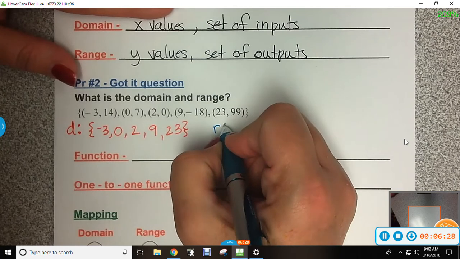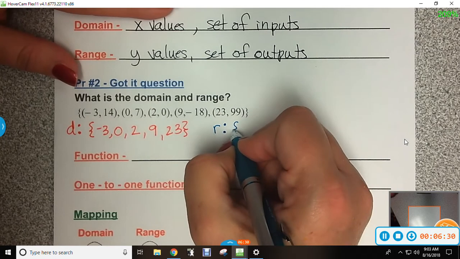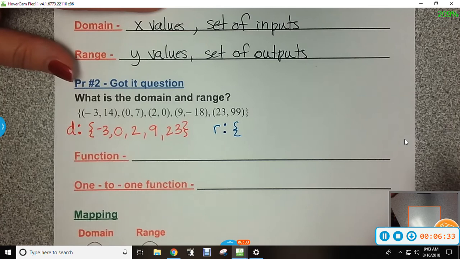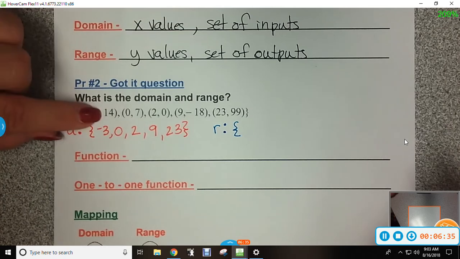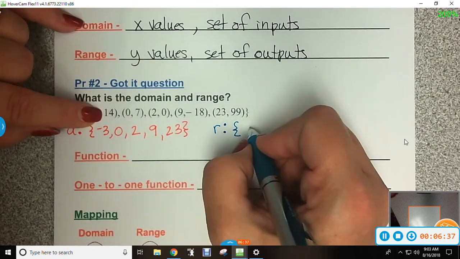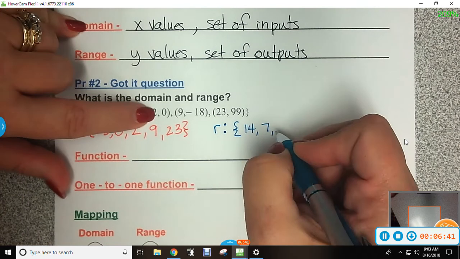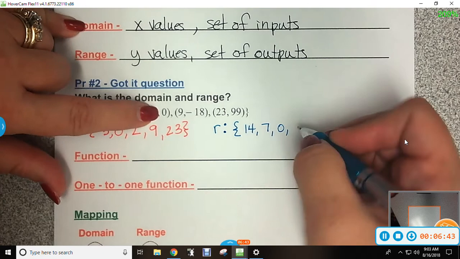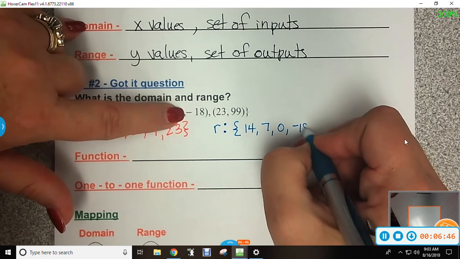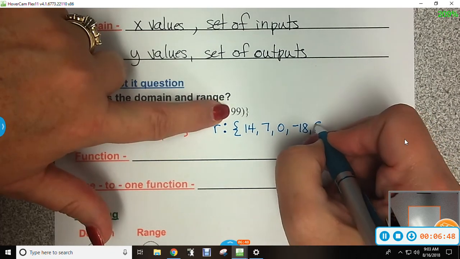My range, those are all of the y values or the outputs. So let's go through step by step and list those. 14, 7, 0, -18, and 99.